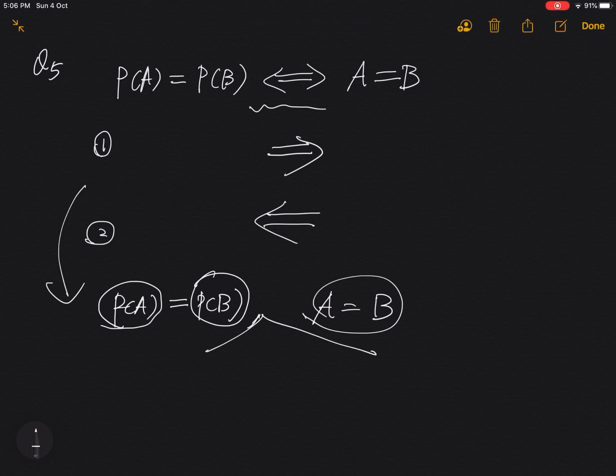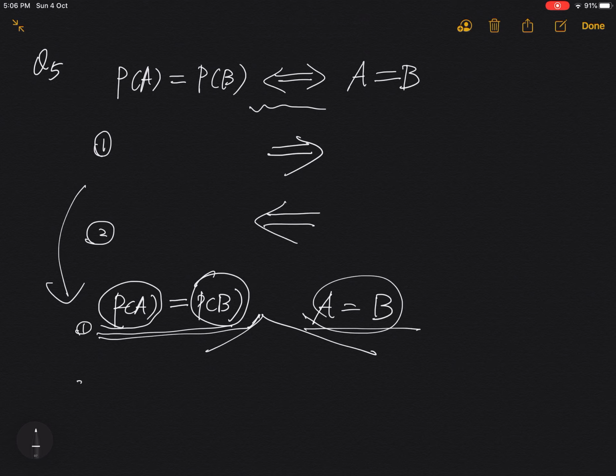The subsets include the single element situation. So if we have the power sets equal, then the subsets of single elements should be the same, which means A equals B.